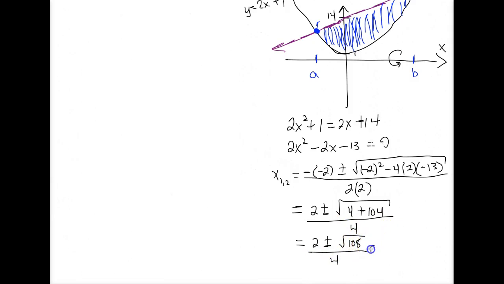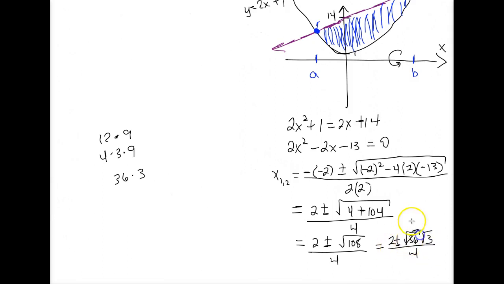One of the things that we know here is that 108 is the same thing as 12 times 9, and 12 is also 4 times 3. So we could look at this as 36 times 3, and that would be an easy way to break this down. So this would be 2 plus or minus the square root of 36 times the square root of 3, all over 4.